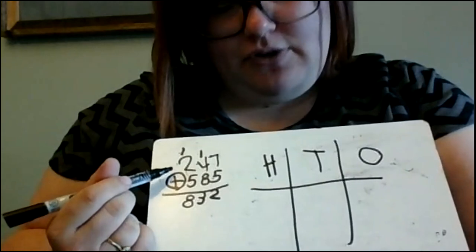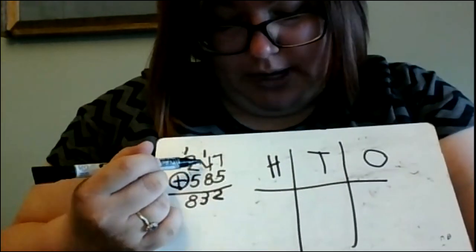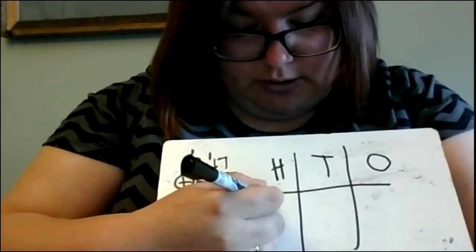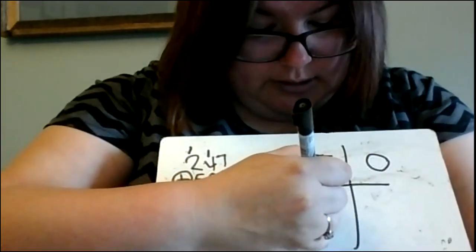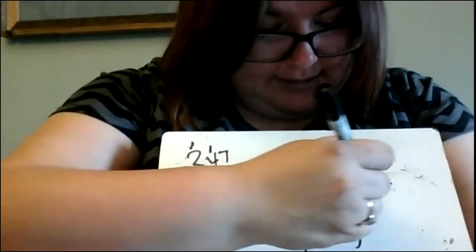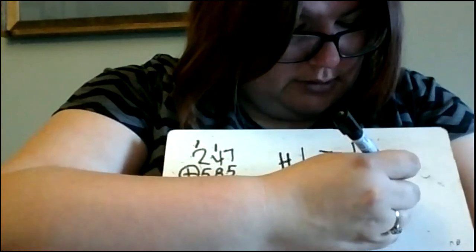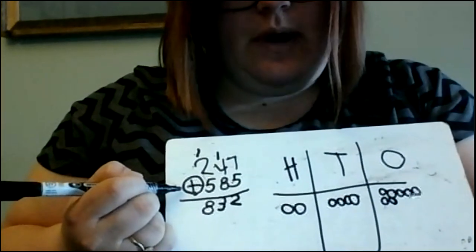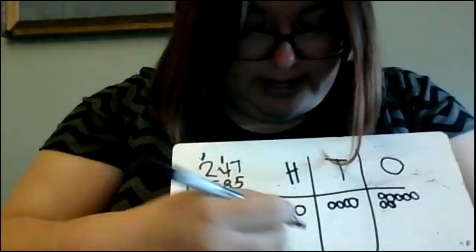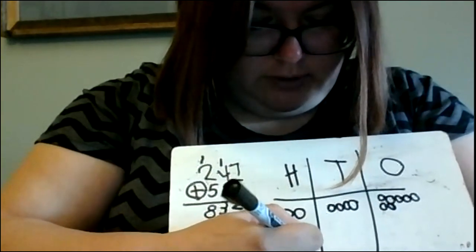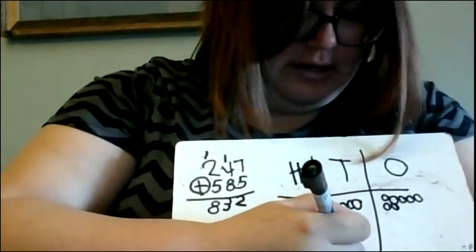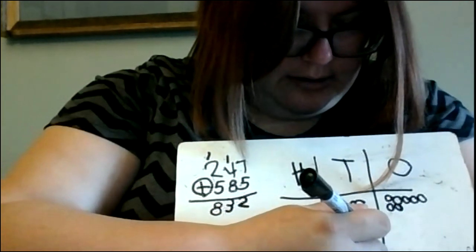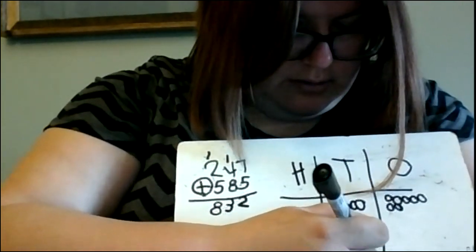So I'm going to draw my top number first, 247. I need 2 hundreds, 4 tens, and 7 ones. And I'm going to add 585. 100, 200, 300, 400, 500, 85.